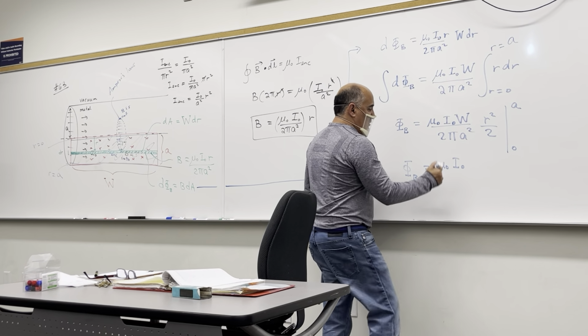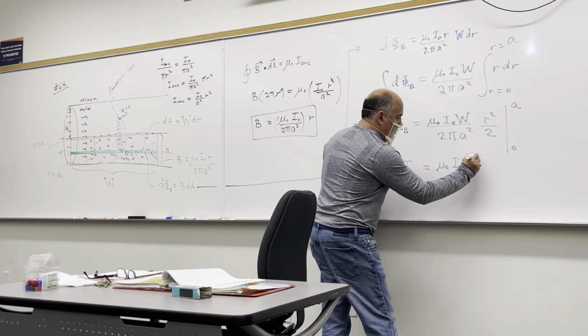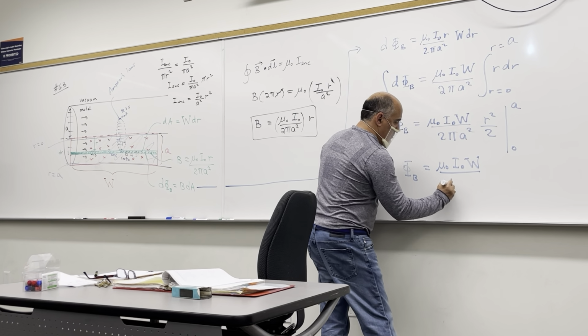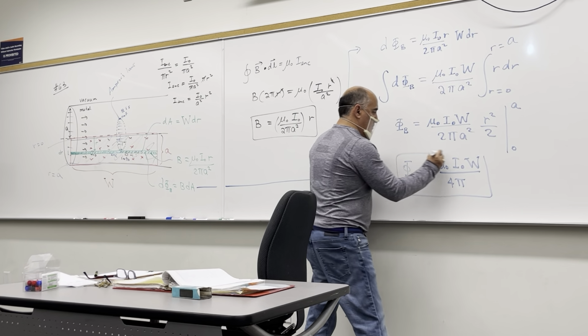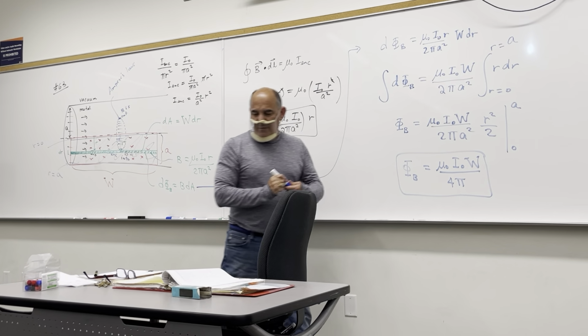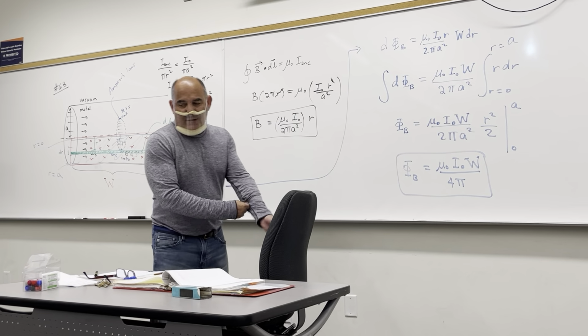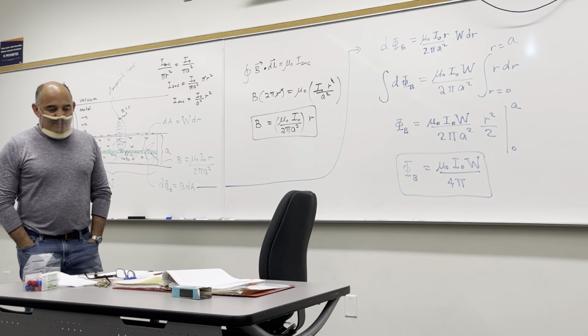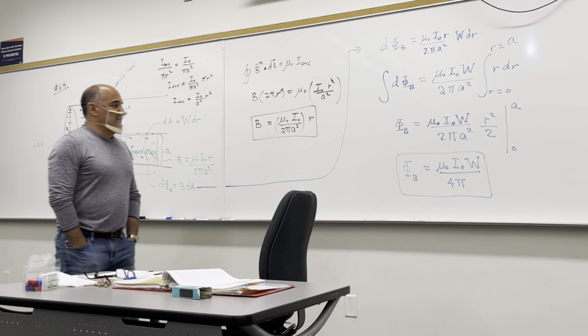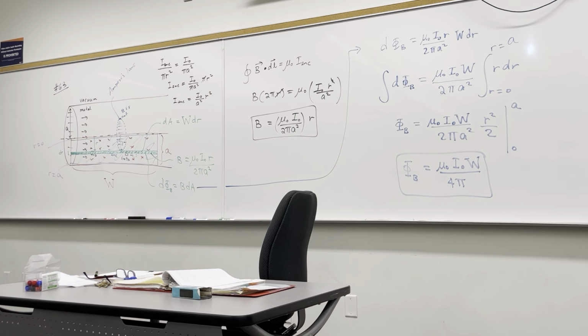And then a 2 and a 2 will give me a 4 pi. And that's what I have. Yes? Yeah, that's what that is.